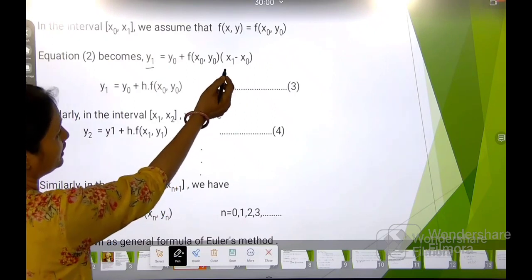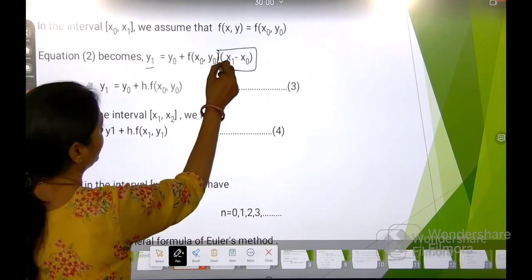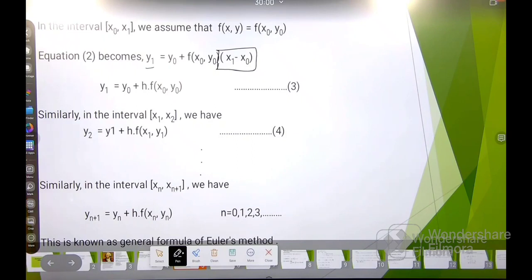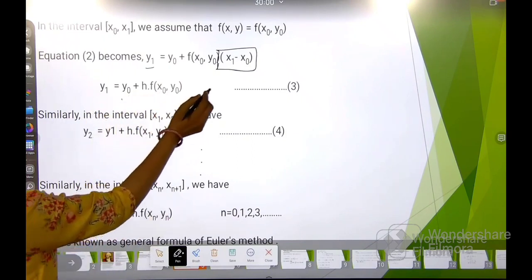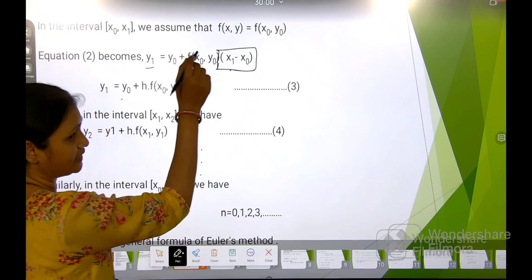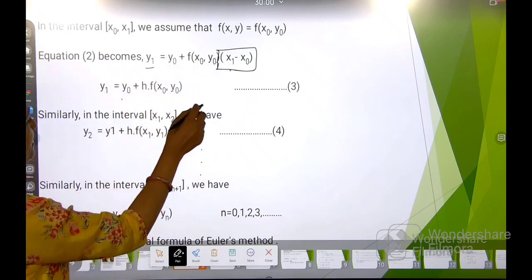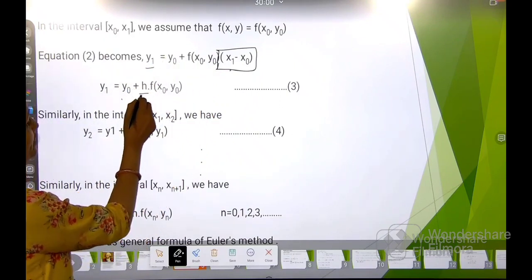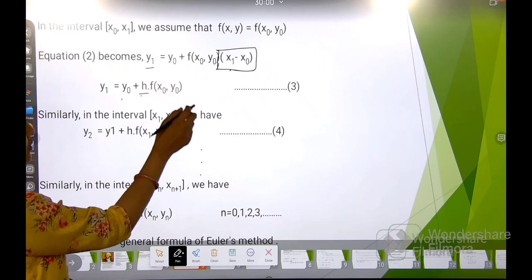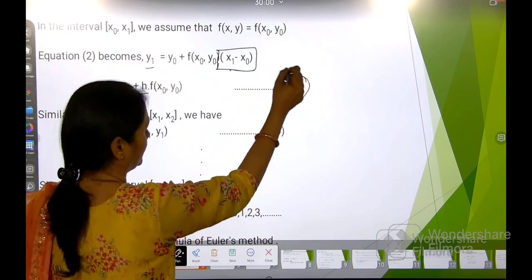So integrating we get x1 minus x0. Now what is x1 minus x0? It is the width of the subinterval, so it is h. So y1 is equal to y0 plus h into f of x0 y0, and suppose this is our equation 3.